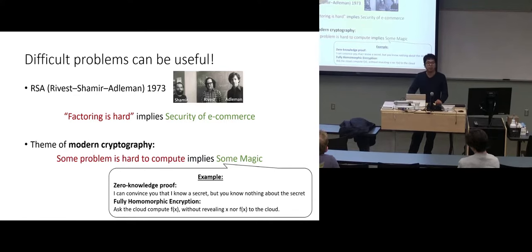One is zero knowledge proof. It used to be a kind of esoteric notion, but nowadays people have used it in cryptocurrency. Let me tell you a bit about this. It's a nice concept to know that it exists. So what is a zero knowledge proof? It basically allows me to convince you that I know some secret.